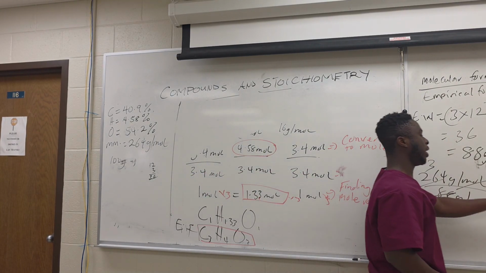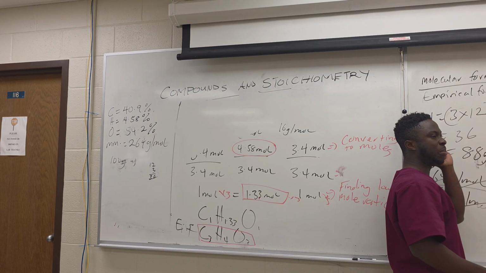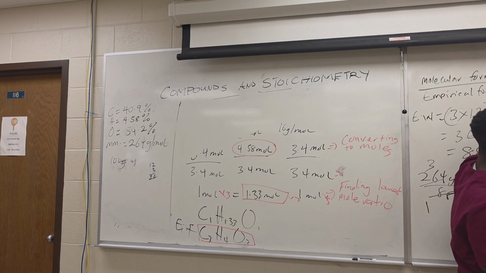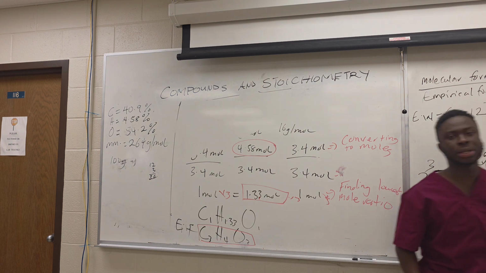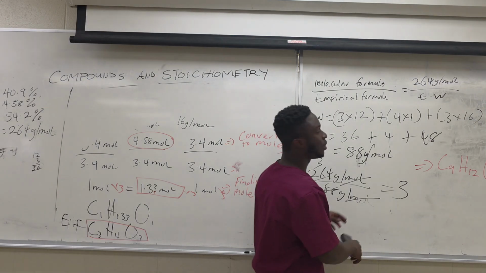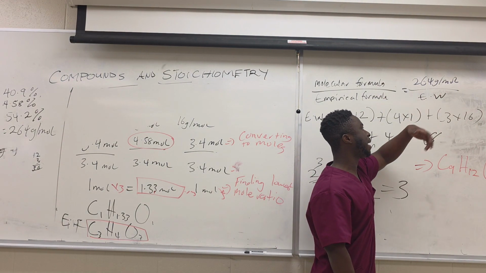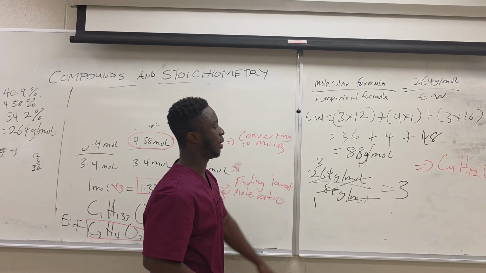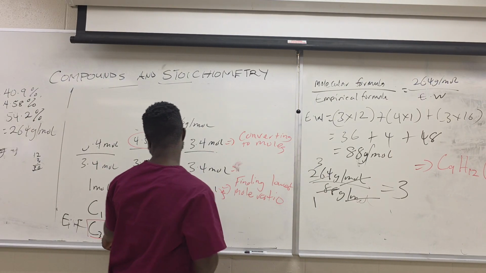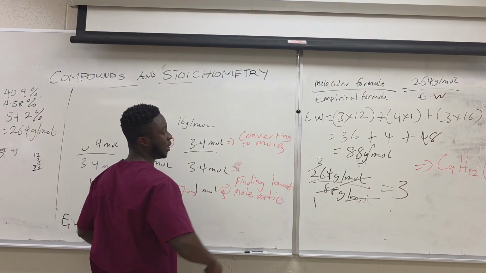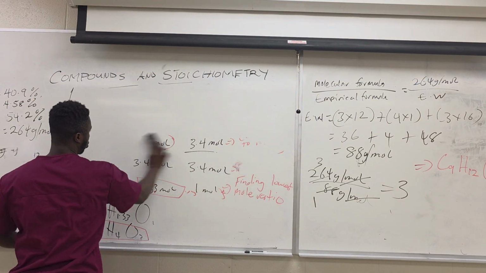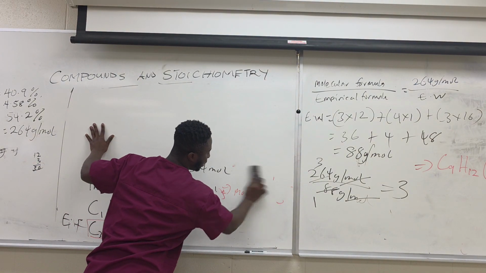Now, if you want to know the whole number ratio that we will multiply by the empirical formula to get the molecular formula, we have to divide the molecular weight by the empirical weight, and by so doing, we find our whole number ratio. We multiply it with the empirical formula that we found here, and then we get the molecular formula. So that is the first method we could go about it.